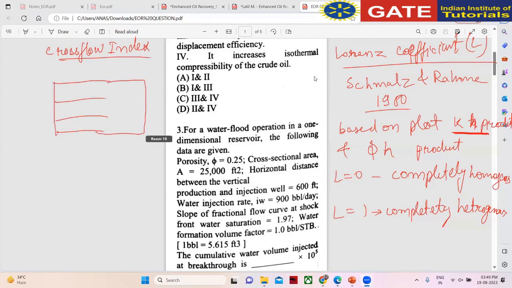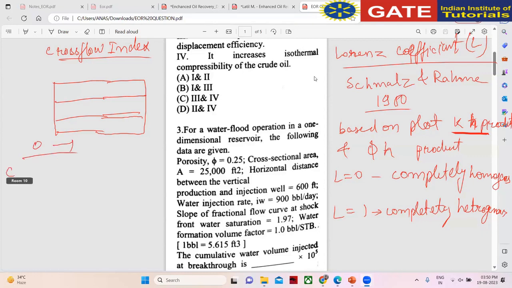Okay. If there is a reservoir and these are the layers, the cross flow index tells whether adjacent layers are communicating with each other or not. Okay, so cross flow index only gives that. And the value of cross flow varies from 0 to 1.